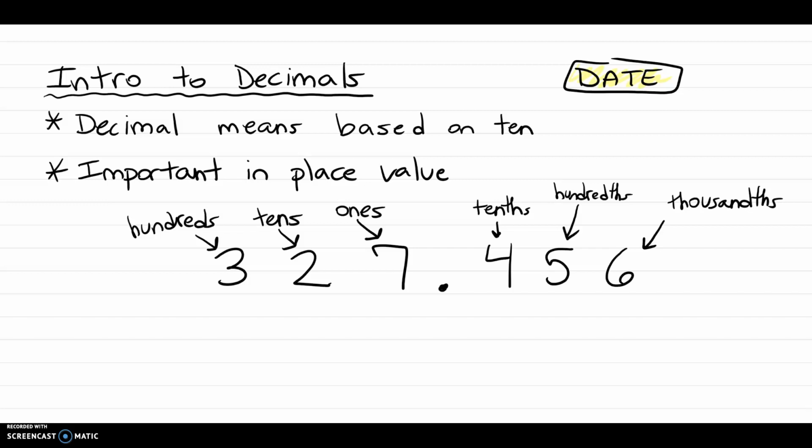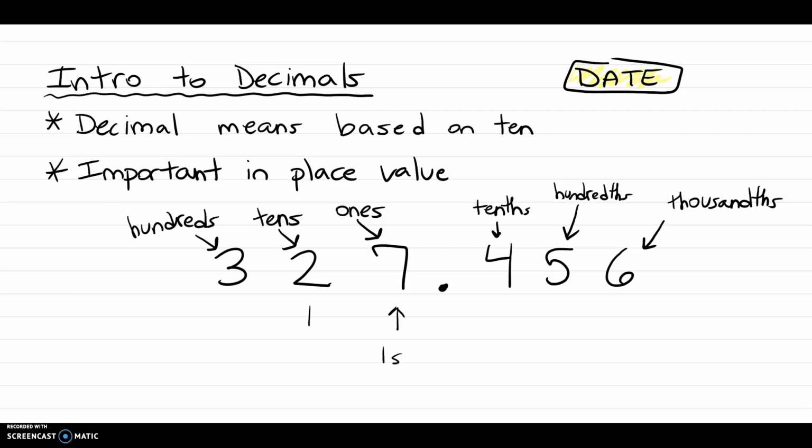Decimal places can go on forever, so you can keep going with ten thousandths, hundred thousandths, millionths, and so on. What I want you to see is the relationship between the place values and what the value of each digit is. In the 1 spot, these are the ones.